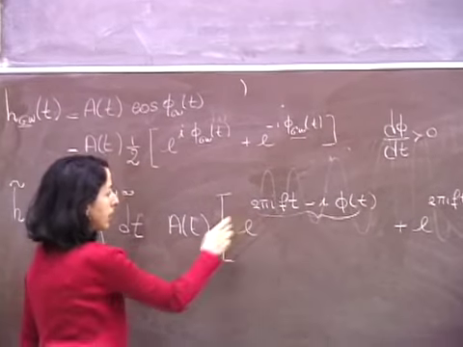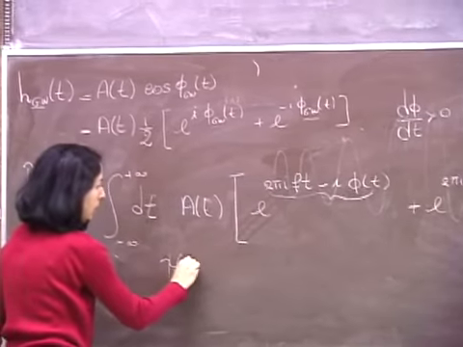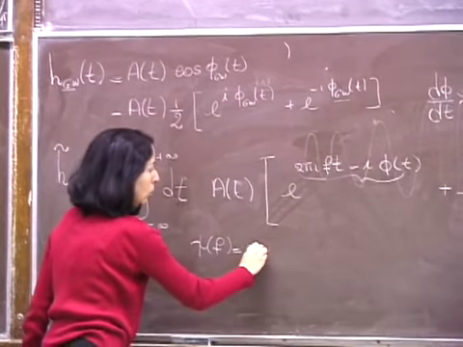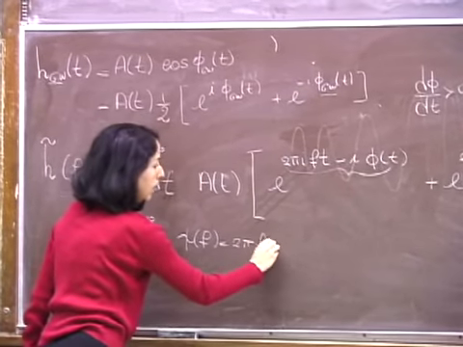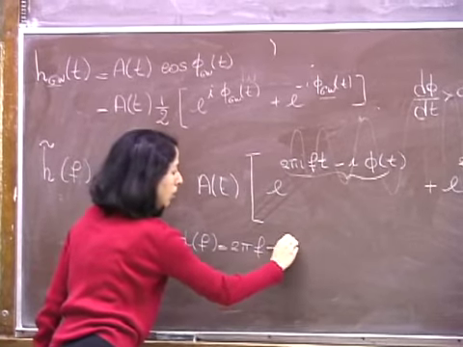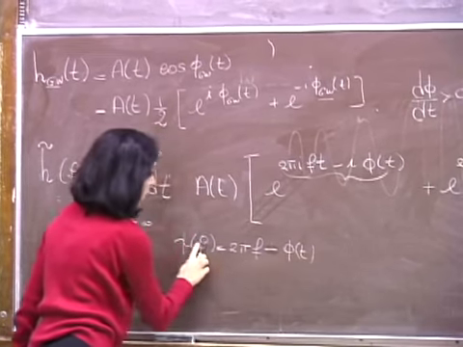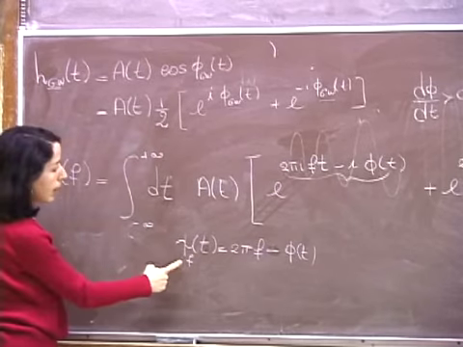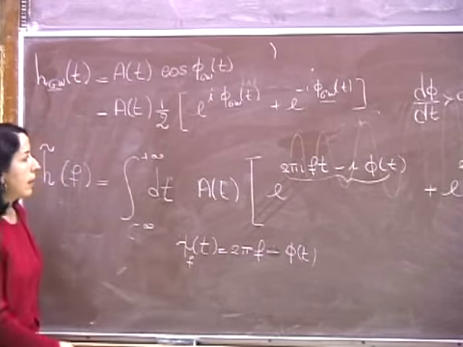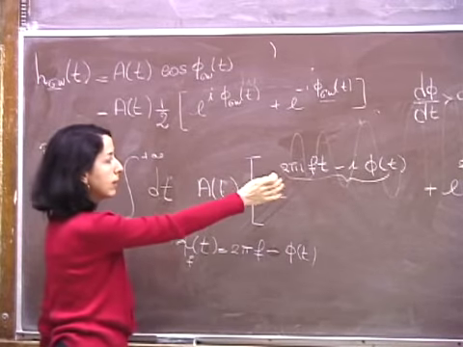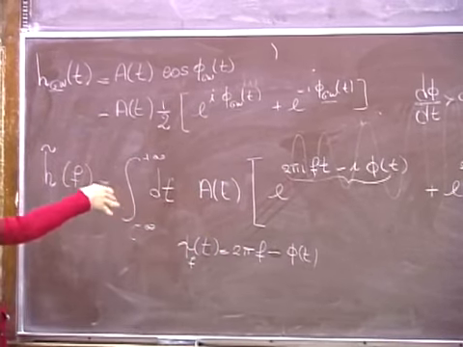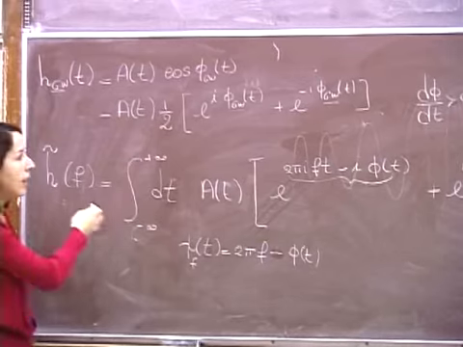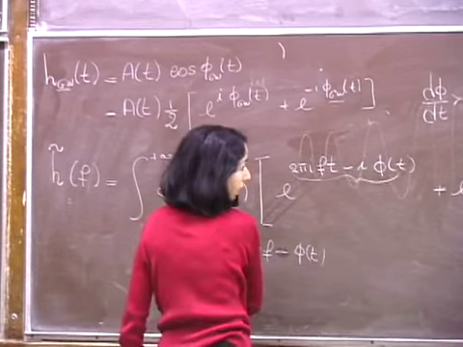So you can introduce a psi of t that depends on f, that is 2 pi f t minus phi of t. And then you look at the zeros of this, and you expand around these zeros, you get a Gaussian integral, you do the integration in the complex plane, and I give only the result.